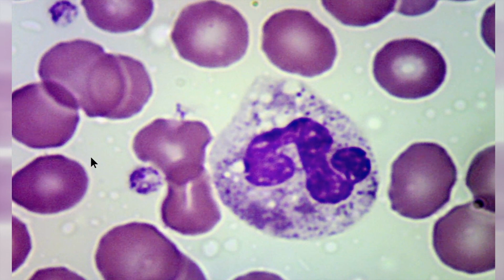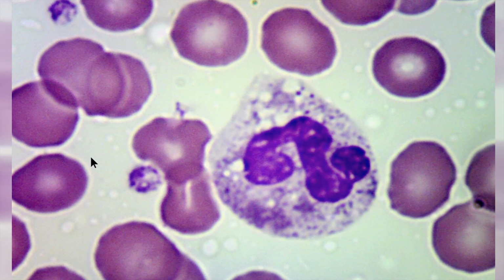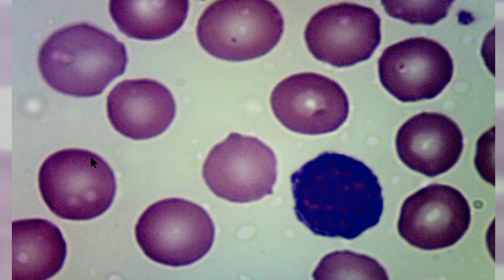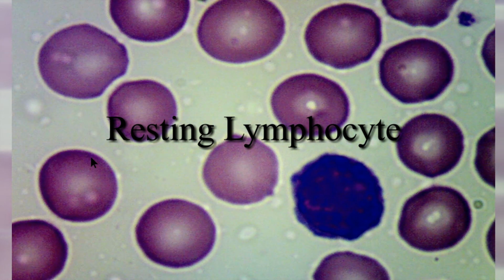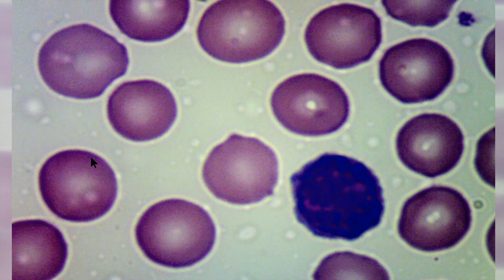Now I would like to attempt to find another cell and compare the new white blood cell with this segmented neutrophil. In here what we have is a resting lymphocyte. And I am going to increase the light slightly.